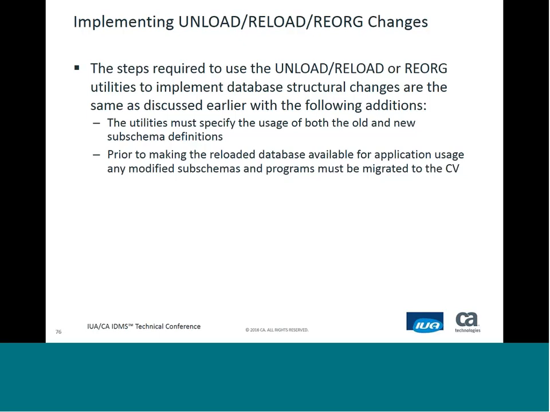The unload will be using the old SubSchema and taking the information from there, and then it will pass that information against a new SubSchema definition, and that will be used to determine what areas records go to and all these other characteristics.